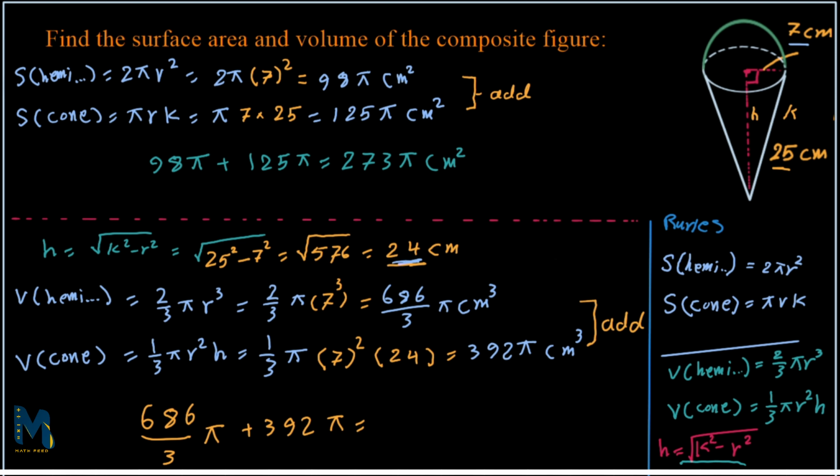Again, you can use a calculator to find the volume for both of them, equals 1862 over 3 pi centimeter cube. This is how we found the surface area and volume of the composite figure. Nicely done. Thank you for watching the video.